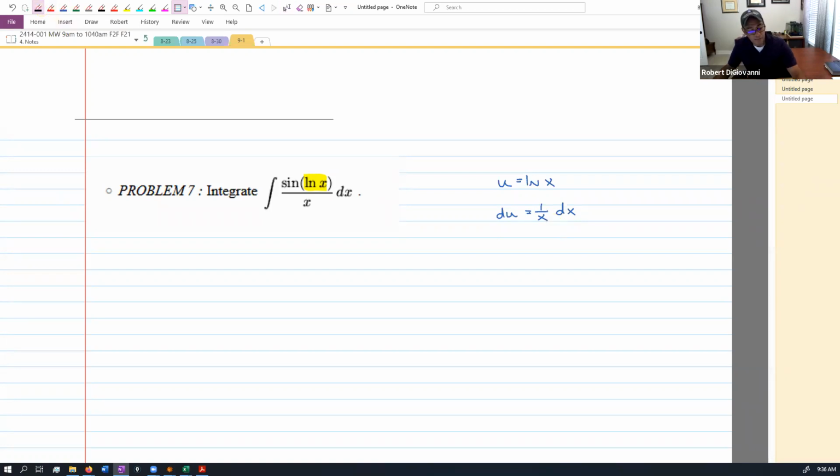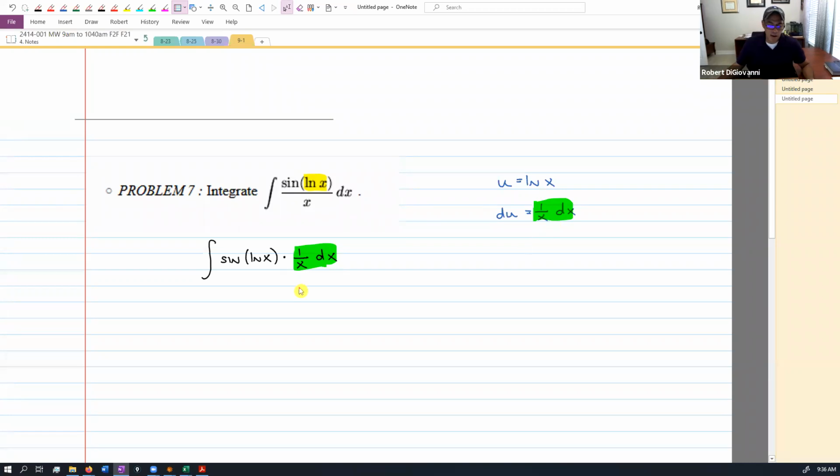Well, yes, but you have to kind of rewrite the problem to see it. So what you can do is take that x that's on the denominator and just slide it out to the side as 1 over x. This is the same exact expression as this. And by doing that, now we see the 1 over x dx right here matches.